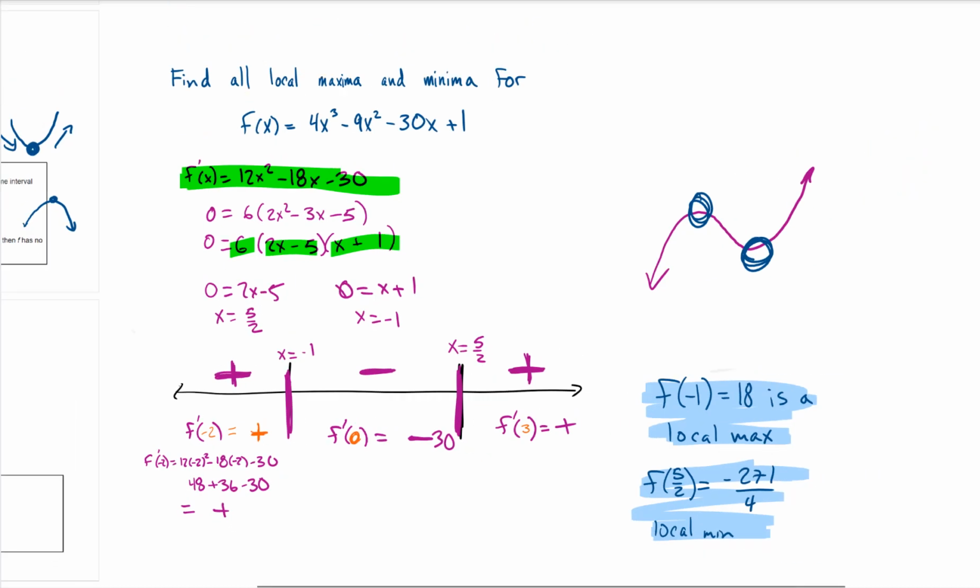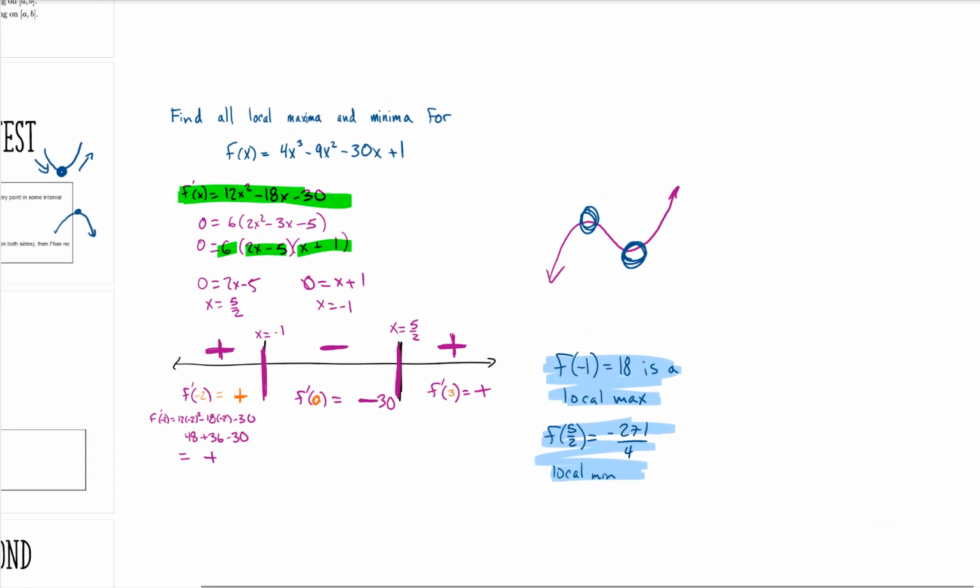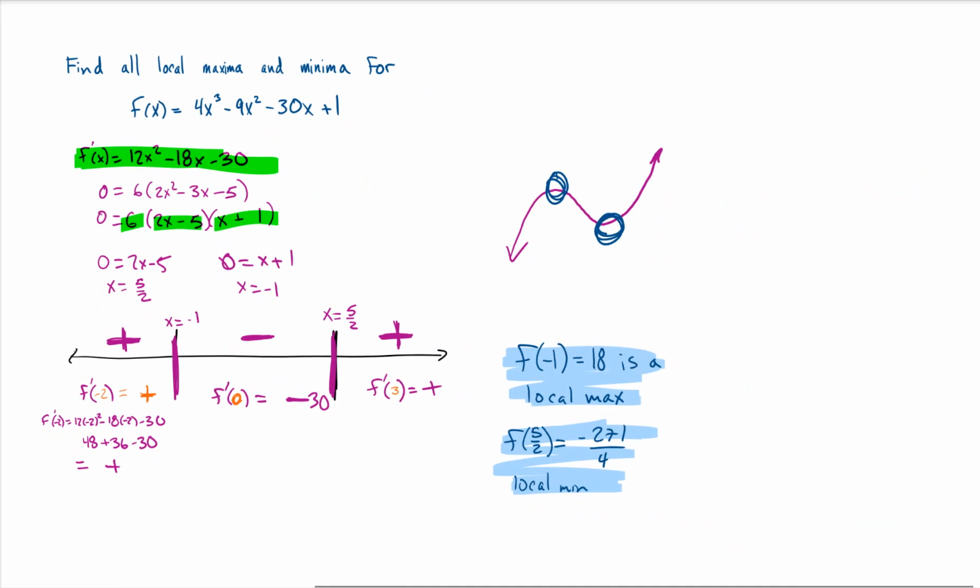Now, if we were to play this same game real quick, and we'll be done with this one, let's say that we have some g of x that's just equal to x cubed. x cubed just looks like this. Notice there is no local min or local max here, because when you take the derivative, you get 3x squared.